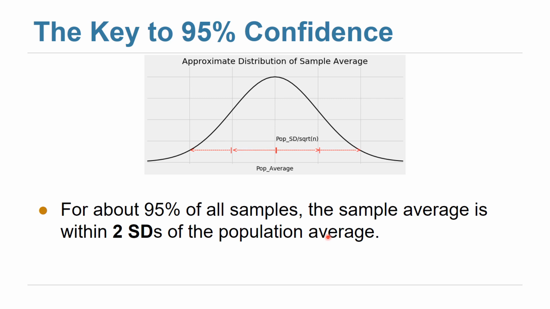And why is that? Because we know in advance from the central limit theorem that the distribution is normal. Which means that the distribution of the sample averages is normal, which means that 95% of the samples that we can get, their averages will be within 2 standard deviations from the actual population average.